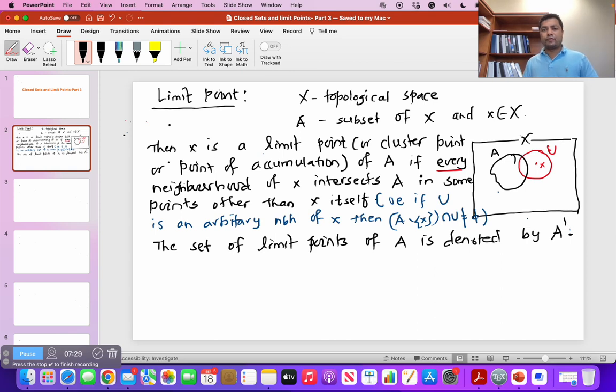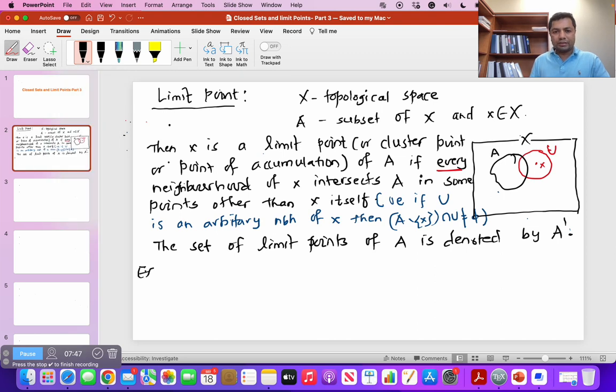That's the notation for the set of all limit points of the set A. And that means A prime could contain elements inside A or outside A, because a limit point could be inside A or outside of A. Now let me give you an example.